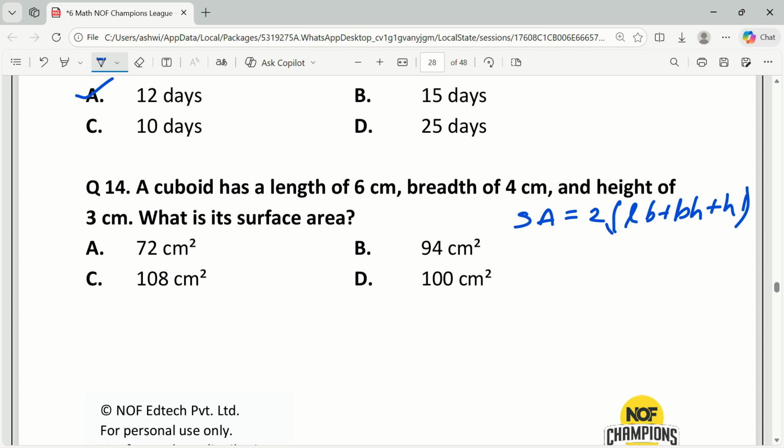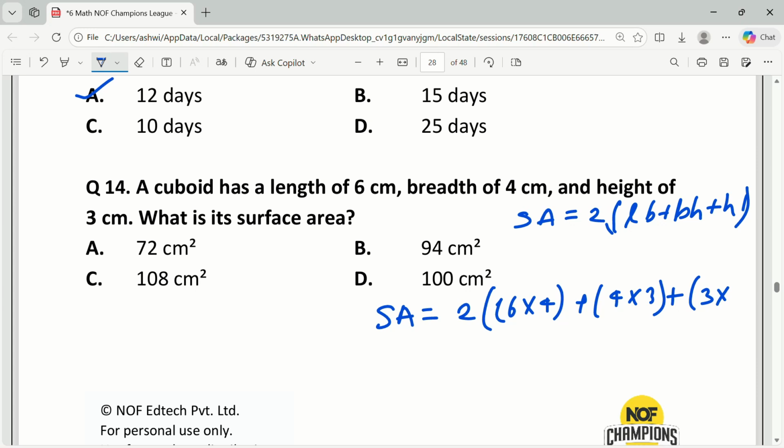Substituting the given dimensions, we have SA is equal to 2 into 6 into 4 plus 4 into 3 plus 3 into 6.